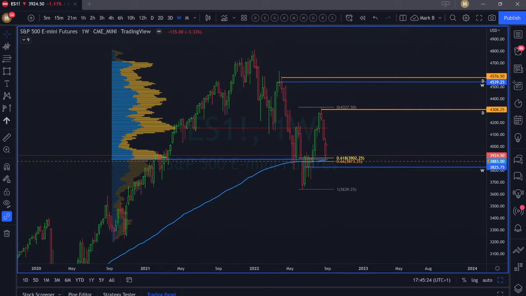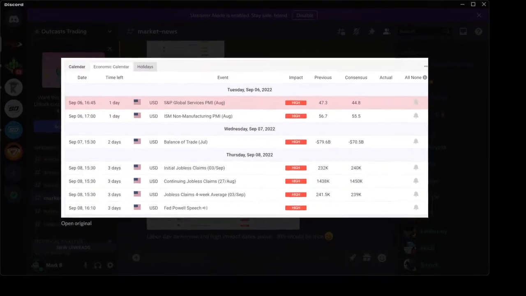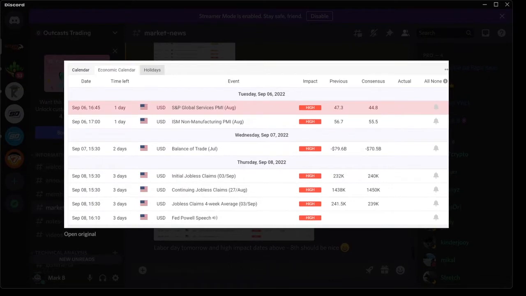Now we post the week ahead warnings in the Discord because they are quite significant at the moment. Didn't used to be an issue, but where things are quite sensitive now, it's worth taking note of these. So few events this week. Monday, tomorrow, is Labor Day, so I believe no trading for US markets. We have some high impact events on the 6th, 7th and 8th, and the one to be particularly aware of is Fed Powell's speech on the 8th.